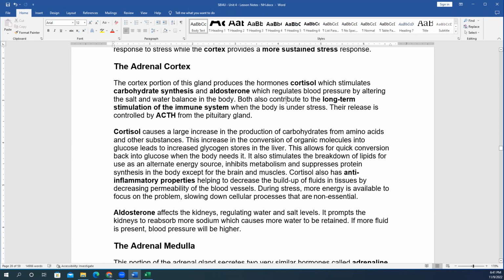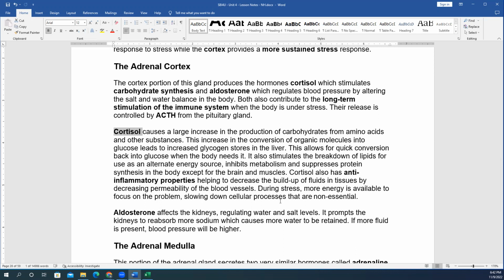Now, looking at these two hormones, cortisol and aldosterone. So cortisol, first of all, causes a large increase in the production of carbohydrates from amino acids and other substances.